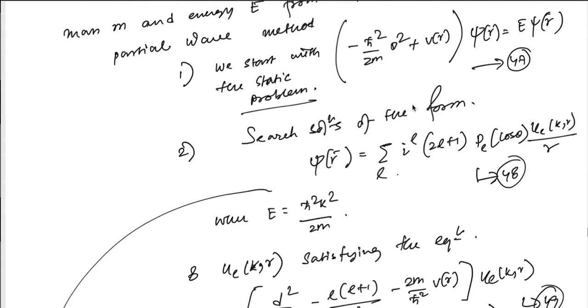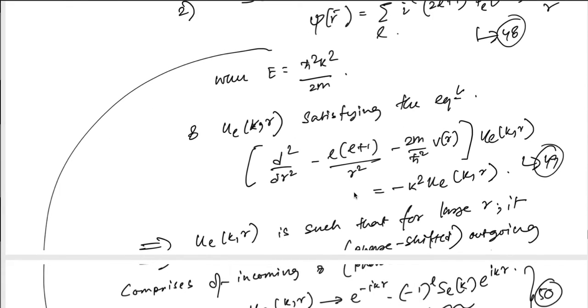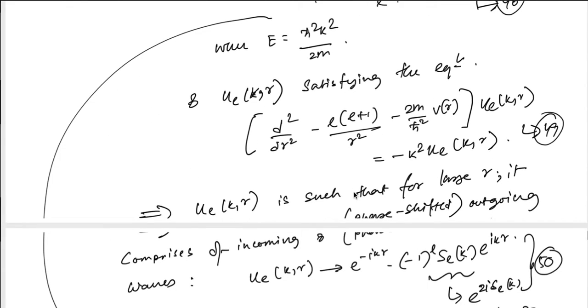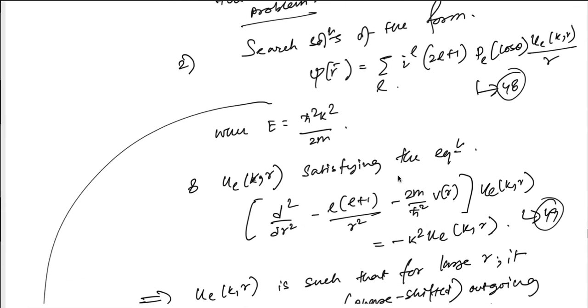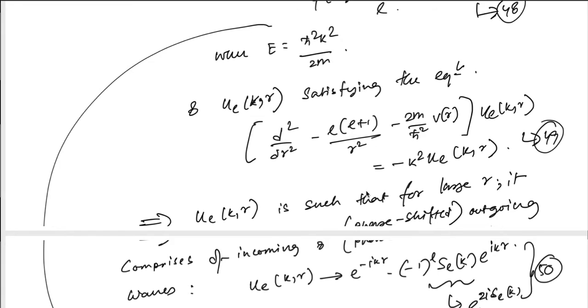If I plug in this form into equation 47, it must satisfy this equation. So the unknown quantity in this whole thing is u_l. That is the quantity we have to solve for.